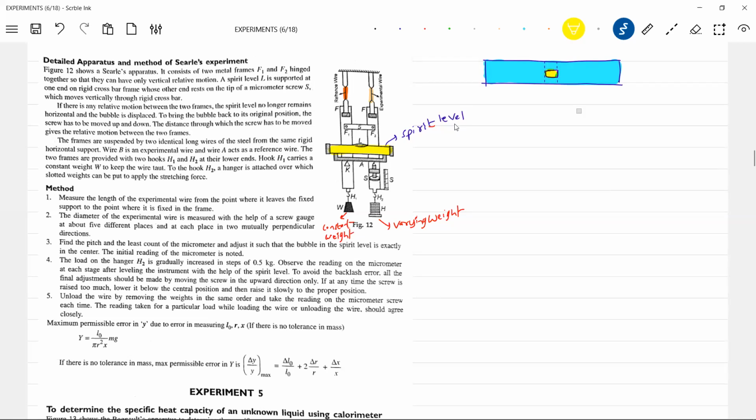So there's water, and there's an air drop or bubble. A red color marking will be made available.